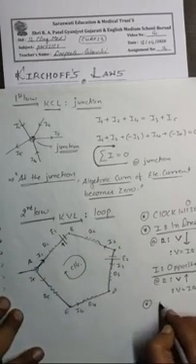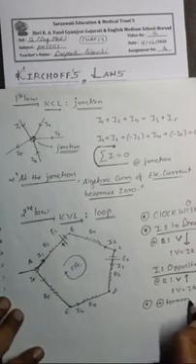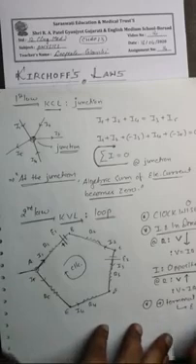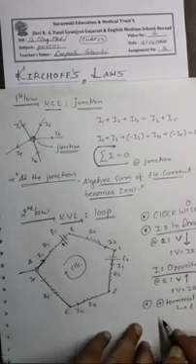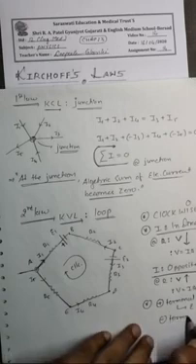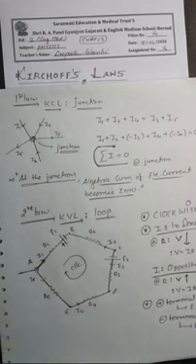Means if there is a positive terminal of a battery, its EMF is taken as negative. And if there is a negative terminal of a battery, its EMF is taken as positive. So these are the rules for sign convention.